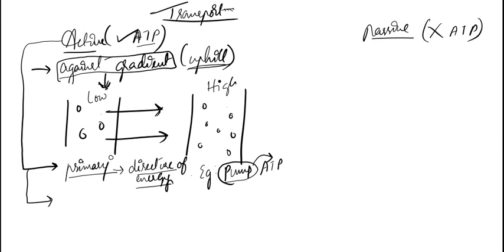Now the second one is called secondary active transport. It is actually coupled to the pump.